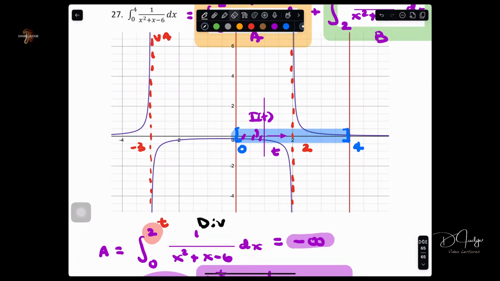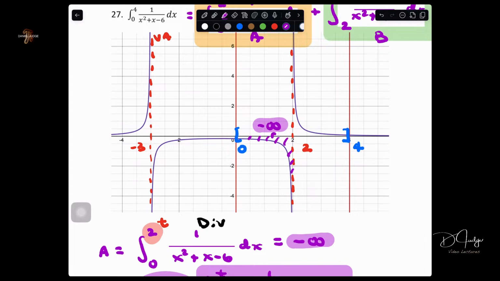And that kind of makes some sense if I said to you, look at this picture here. Okay? What it means is this area here is negative infinity. Now remember, you can never trust the aspect ratio of these graphing tools because they tinker with the scale.